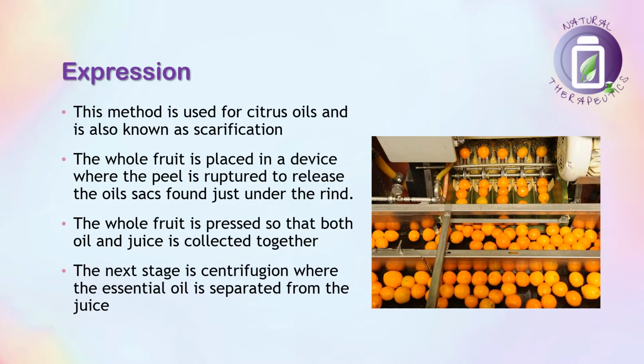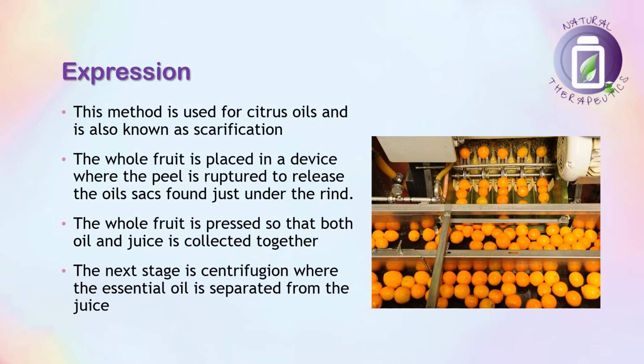Cold expression, often called scarification, is used for citrus oils, and in this image you can see that it's being used for orange oil. The whole fruit is placed in a device where the peel is ruptured to release the oil sacs found just under the rind.